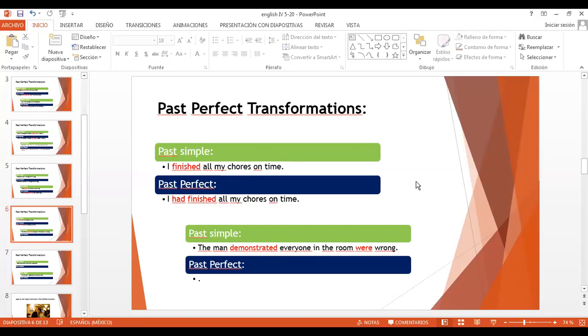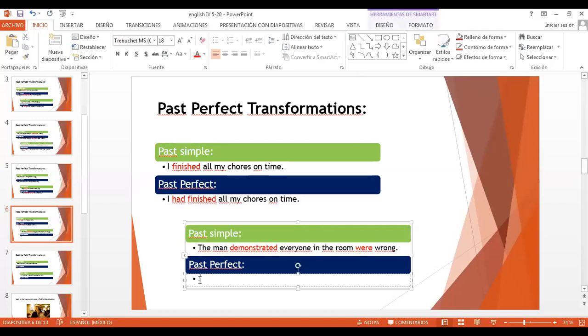El hombre demostró que todos en el room estaban equivocados. Good. So, what happens here?